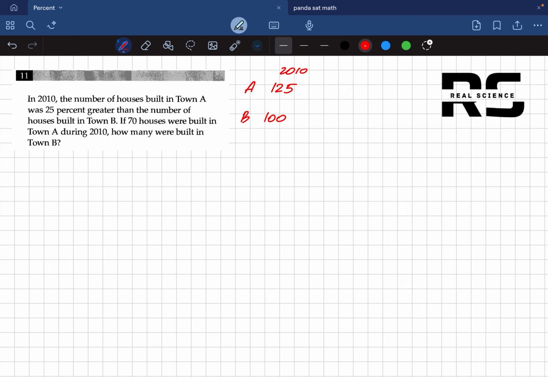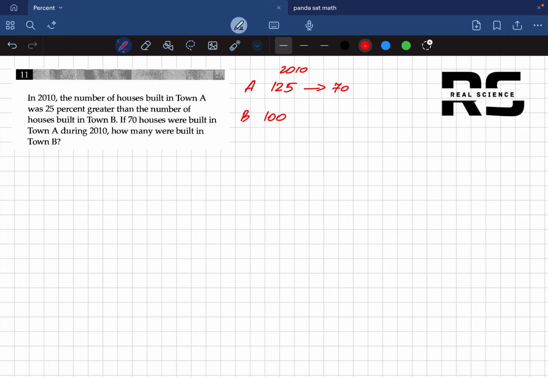If 70 houses were built in town A during 2010, so basically the amount was 70 houses. Okay, so it is 100%, this 125%. Let's just make a proportion. That's going to be 125 equal to 70, and 100 is equal to X.